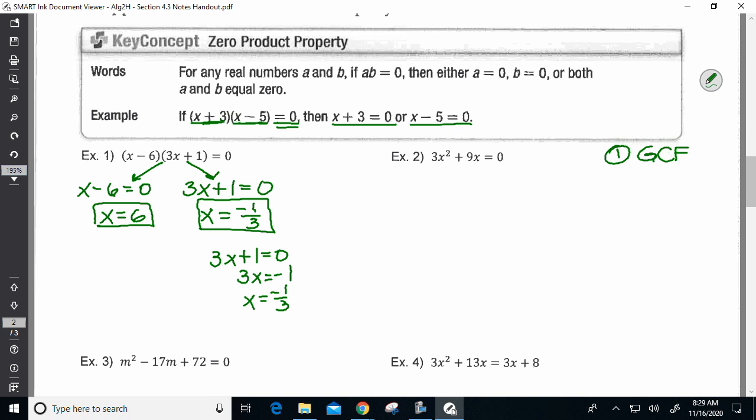So we check the problem, we see if there's a greatest common factor. In this case, you can take out 3x from both. So 3x parentheses x plus 3 equals 0.